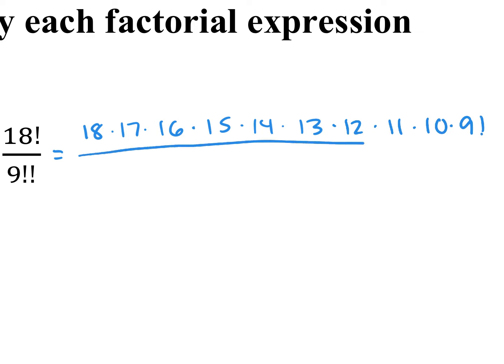Once we get there, we can stop because I have a 9 factorial on the bottom, so I know these are going to cancel. So then in my calculator, I'm just multiplying 18, 17 all the way through 10, which you'll end up with a really, really big number. I think most people's calculators gave them like an e to the 10th power or something.